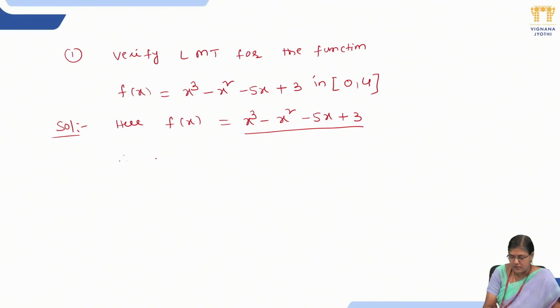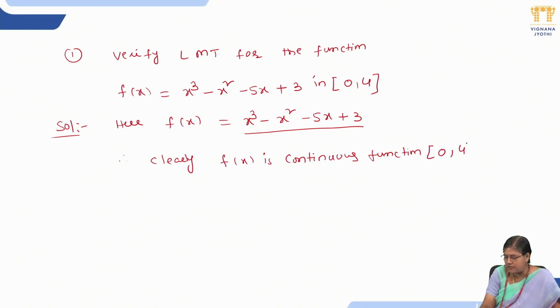So, therefore, clearly, f of x is continuous function in the closed interval of 0, 4, and f of x is differentiable in open interval of 0, 4.